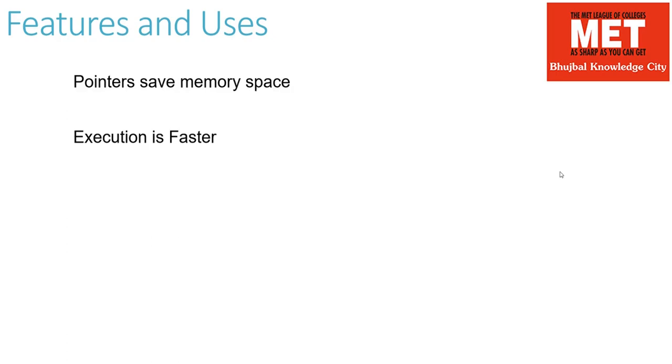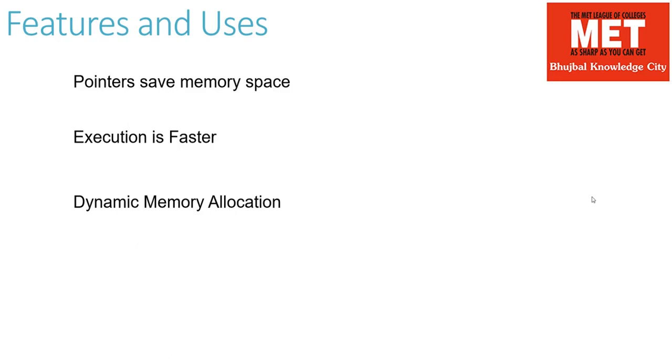Pointers make execution faster. Definitely, as we are directly accessing memory locations, the execution would be much faster as compared to regular variables. Pointers allow us to allocate memory dynamically. As we know, we have two types of memory, stack and heap.